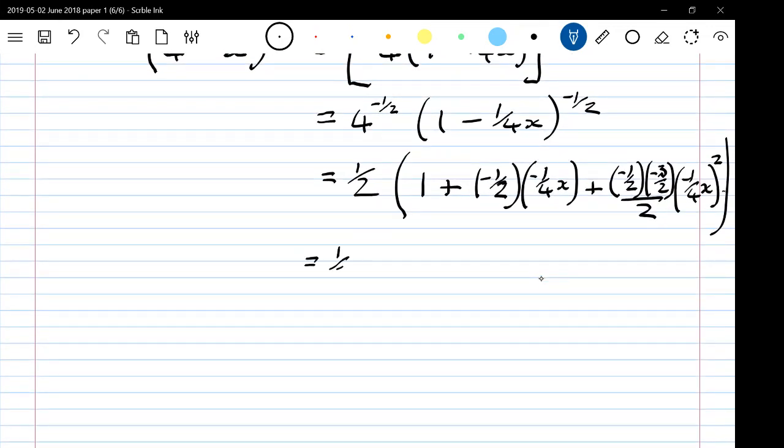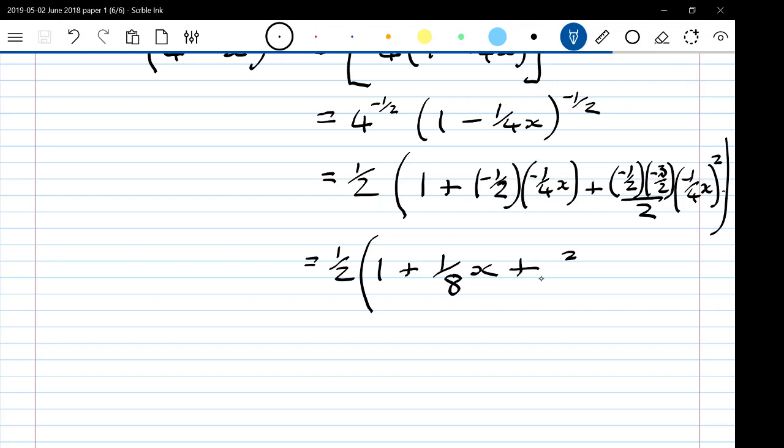So we have a half times, inside that big bracket, 1 plus an eighth of x. Minus a half times minus a quarter gives me plus an eighth. The next term is going to be positive as well, isn't it? Because we're squaring the minus a quarter to make that positive, and then we've got two negatives multiplied together. We have 3 over 8, but we've got a 16 coming in there.